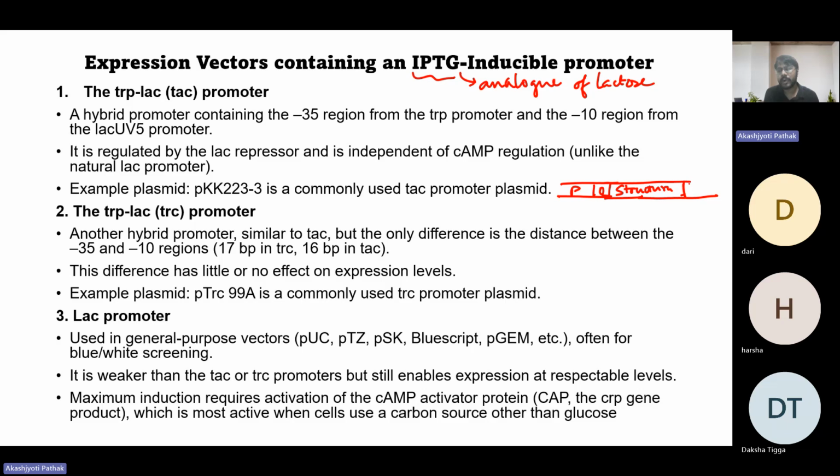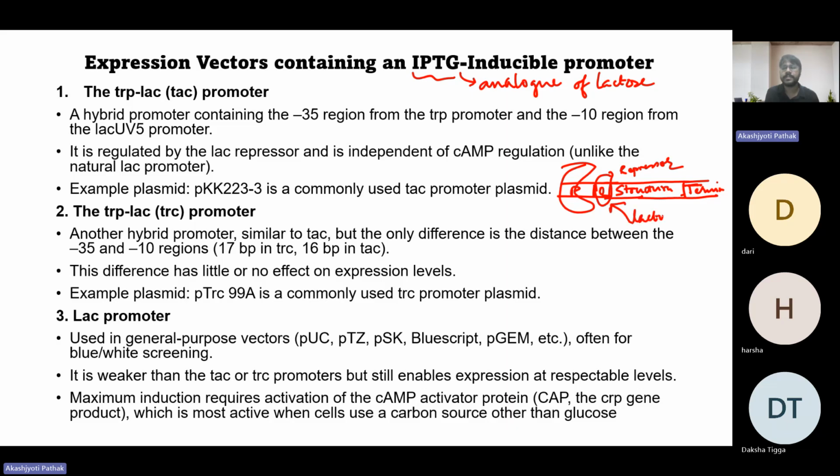Prokaryotes have polycistronic and eukaryotes have monocistronic, all these things you have learned, right? And then you have the terminator sequences. At this operator sequence, the repressor protein binds. Once this repressor protein is bound to the operator sequence, your RNA polymerase will not be able to transcribe the gene of interest.